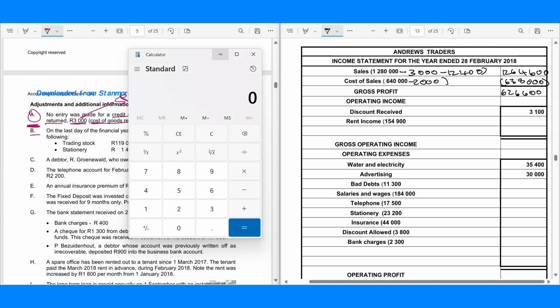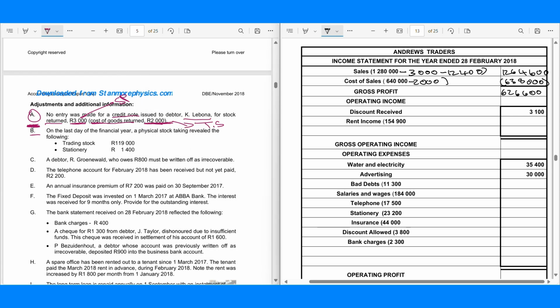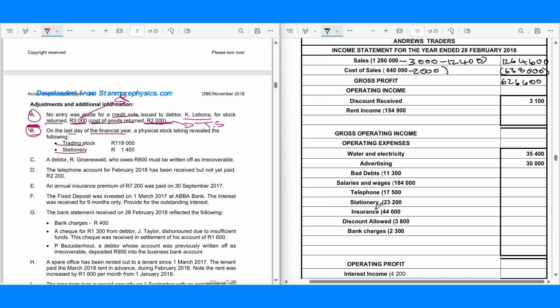So now we go to transaction B. They are saying that on the last day of the financial year, at the end of the year, a physical stock count revealed the following: trading stock, stationery. Let's take our stationery. When we minus stationery, remember that we need used.